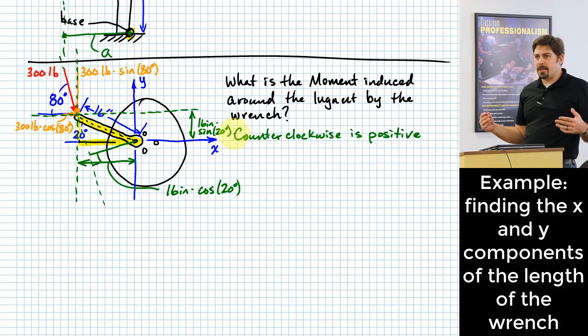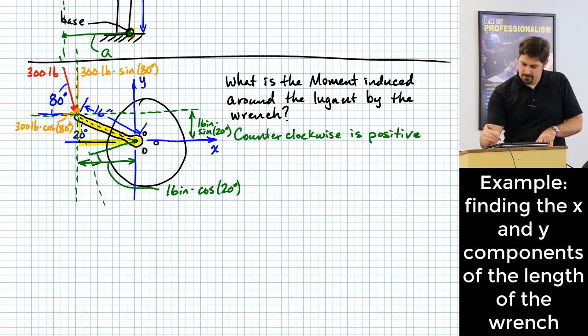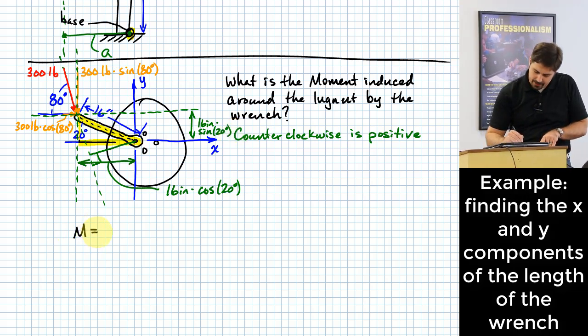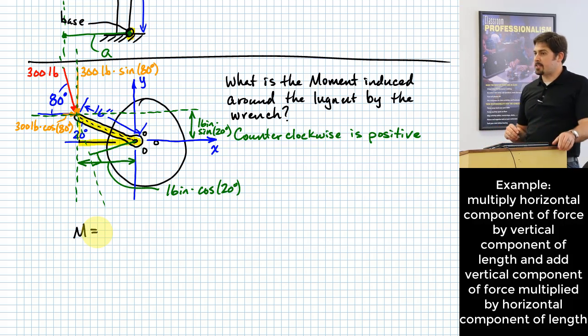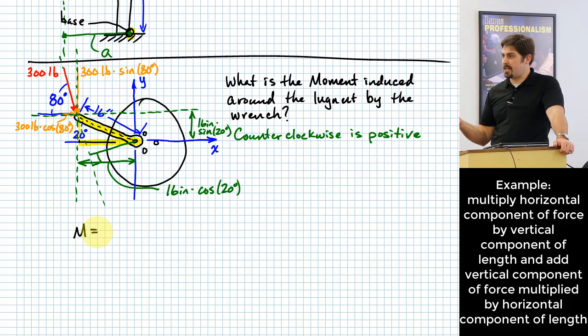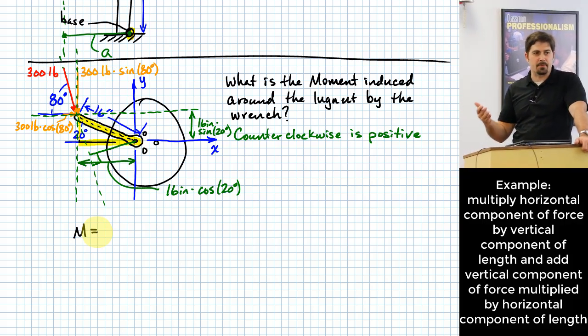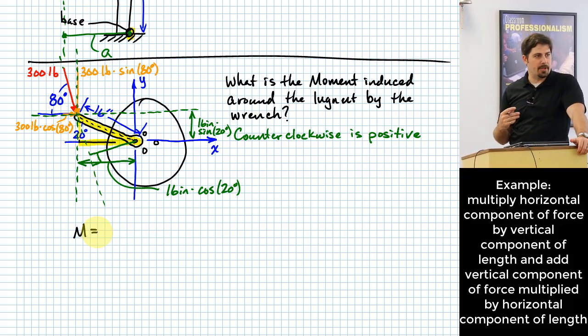Okay, how does all that help me? When I calculate my moment with counterclockwise positive, I can add the effect of those two components of force, and the sum is going to be the overall tendency to rotate, which is the total moment.